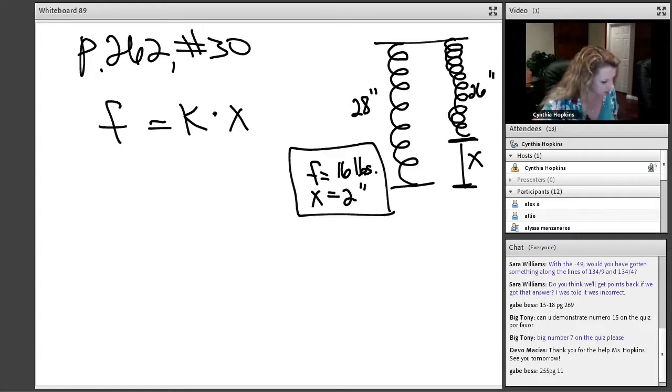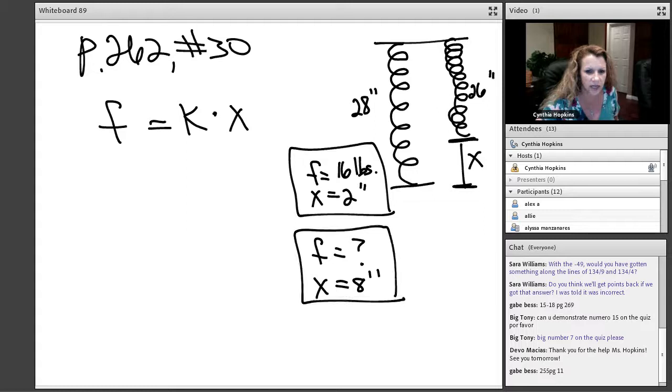So there's the given information. Then it says, find the force. So now I'm going to write F equals question mark. Find the force required to compress the same spring to 20 inches. So it was 28 inches, now they're saying to 20 inches. That means I'm going to compress it by a distance of x equals 8 inches.